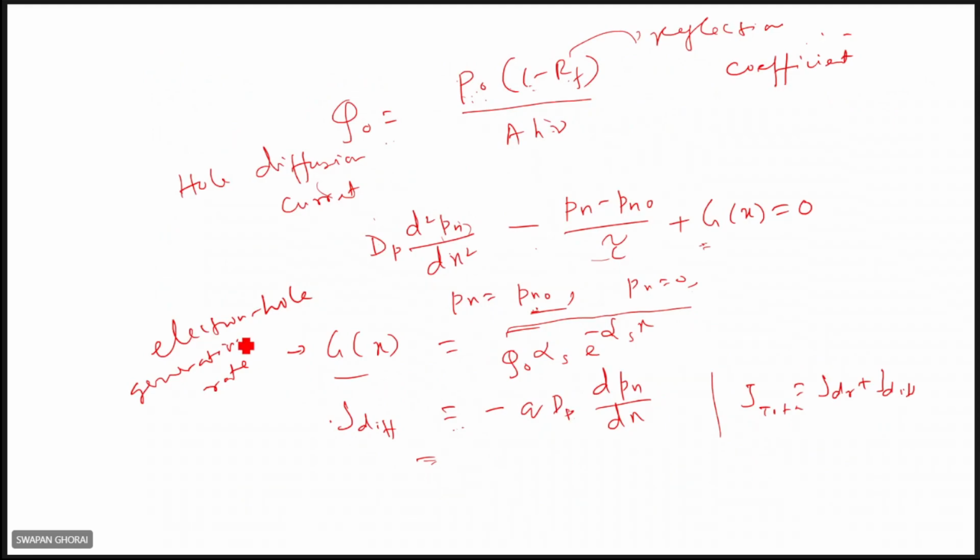The total current J total, substituting these values, will be Q phi 0 times 1 minus e to the power minus alpha W, divided by 1 plus alpha L_P.